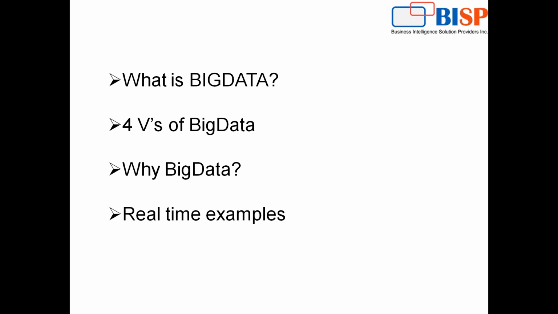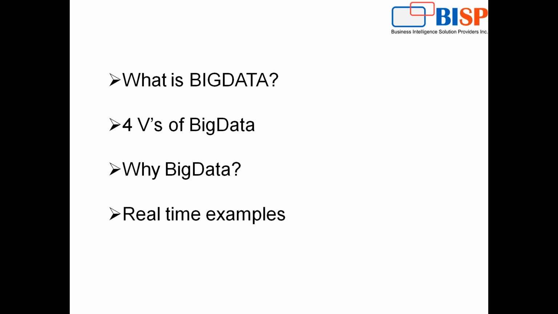And the variety. You can imagine we are generating pictures, videos, text messages, logs, and so many types of data. This also forms big data. And the veracity. The data in the world is uncertain. We cannot believe that our source data is completely accurate, or it might have poor quality, or the data that we are getting may not be true.